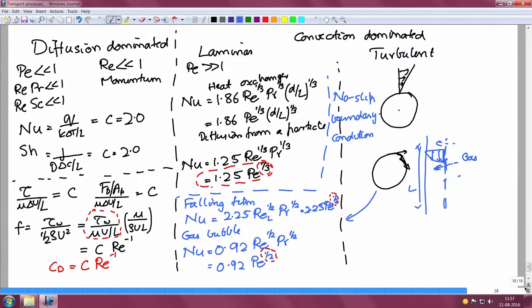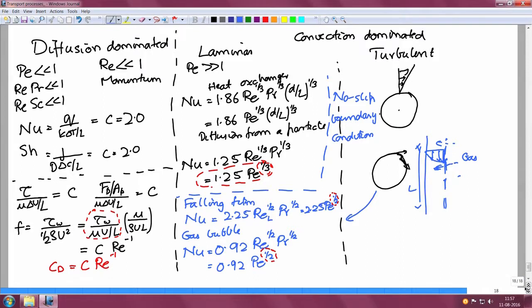If diffusion is dominant, when the Peclet number is small, whether it is for mass or heat transfer, or the Reynolds number is small, in that case, the fluid velocity field makes no difference to the transport rates. It is primarily by diffusion.